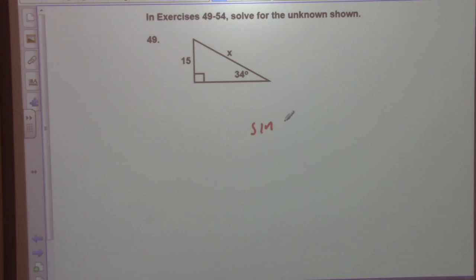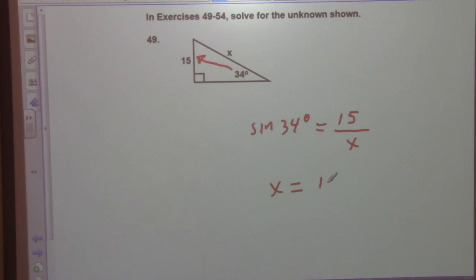So sine of 34 degrees is equal to what? Opposite, what's our opposite side? What's our opposite of 34? 15, right? Over hypotenuse, what's our hypotenuse? X. So now if we solve for x, what's x going to be?